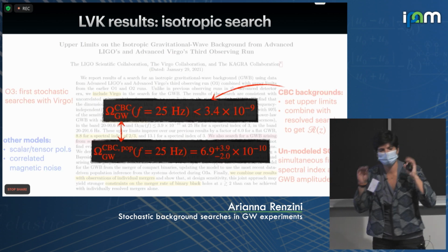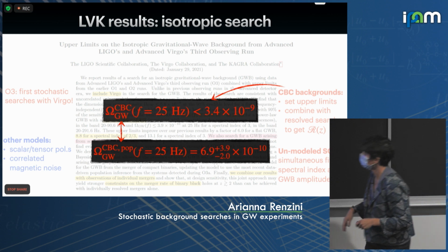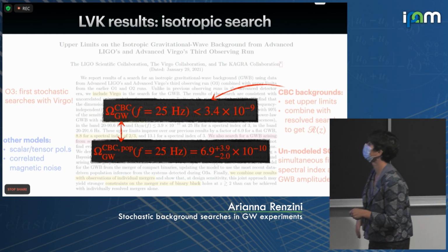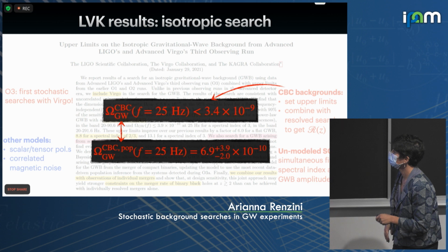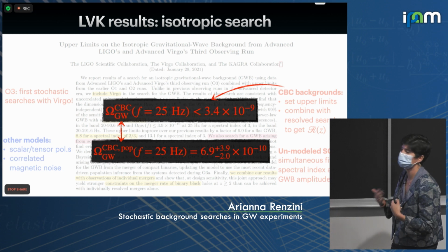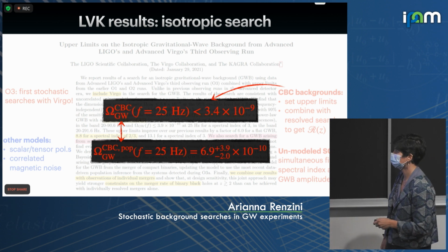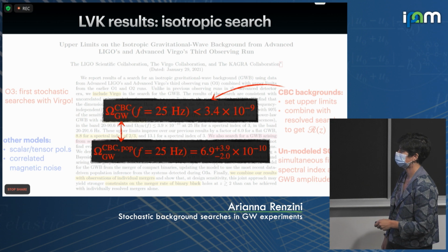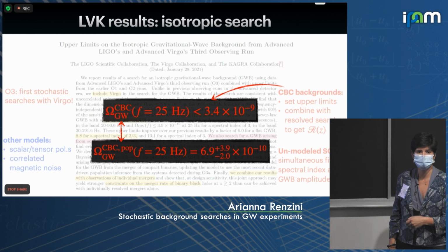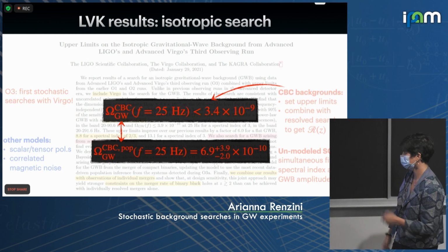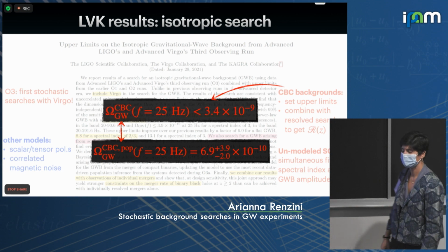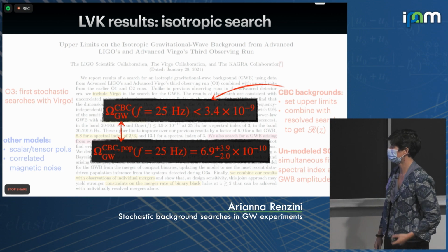So specifically, just to flash this, the colors are terrible, I'm sorry about that. The number that we get, so the upper limit that we put on a background that is dominated by compact binary coalescences, is this number here. So it's a very small fraction, a little over 10 to the -9.